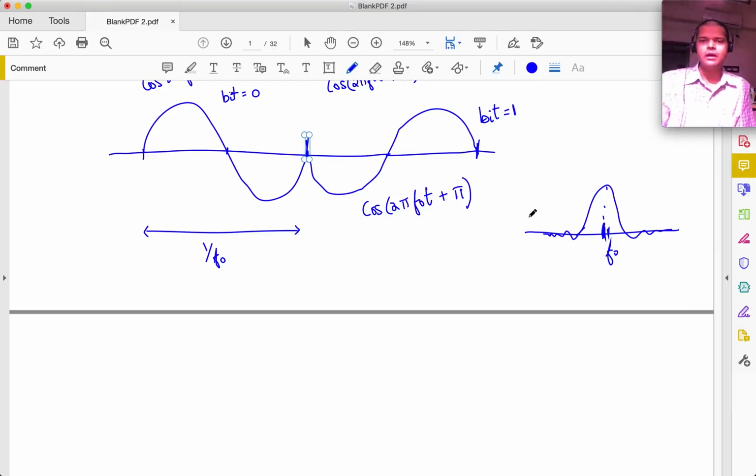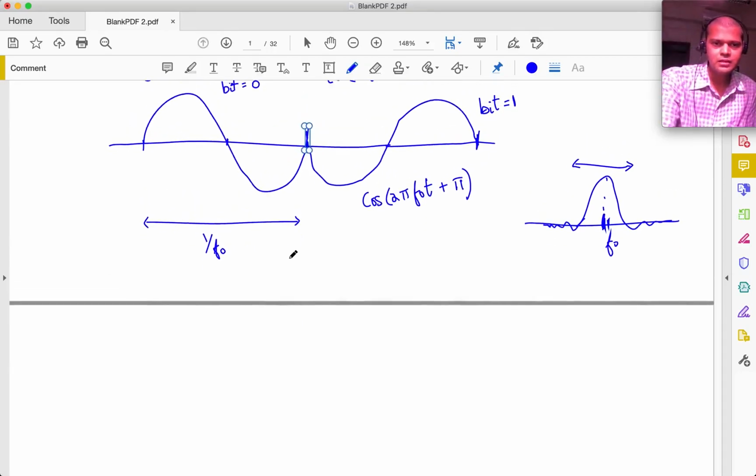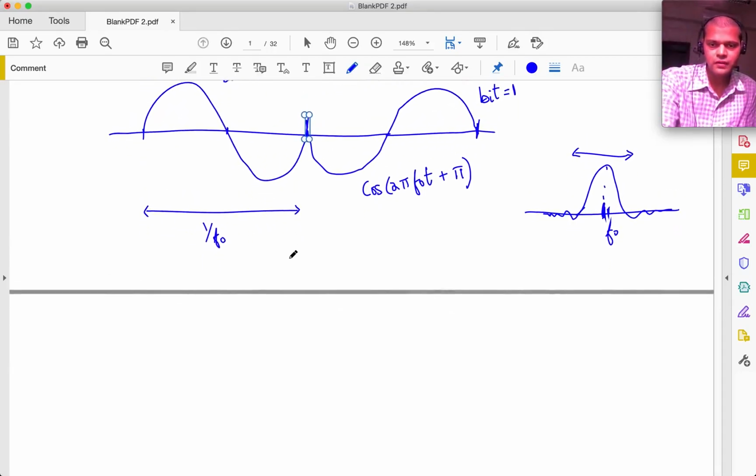And the width of this signal in the frequency domain, which is essentially how wide this is going to be around f0, depends on how often you change the phase. Here I've shown that we are changing the phase every one time period, every one wavelength, which may be quite fast actually.